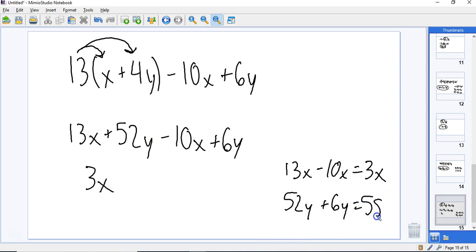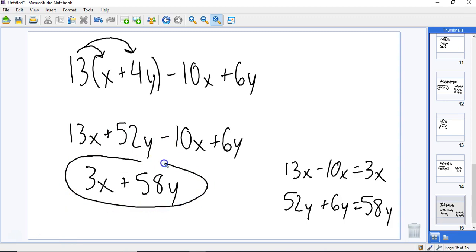I get 58y. That's positive, so plus 58y. And that is your answer. All done, no like terms, because this is x, this is y, different variables.